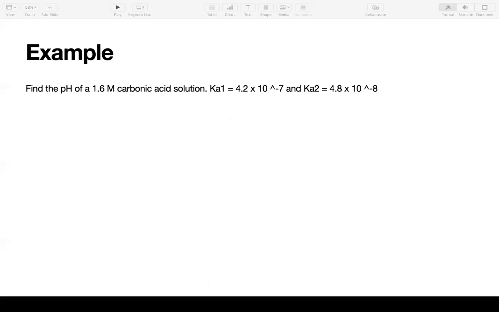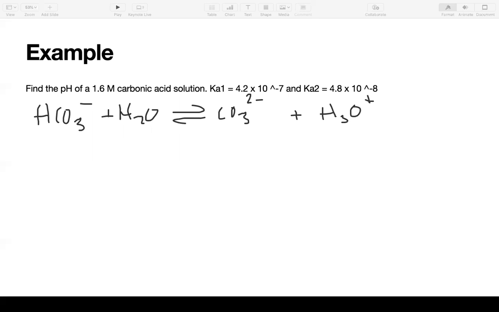So for our next ionization, we know that we're going to be dealing with whatever's left over of our HCO3 minus. And when that gets added to the water, we're going to see the ionization into CO3 2 minus and our hydronium H3O plus.